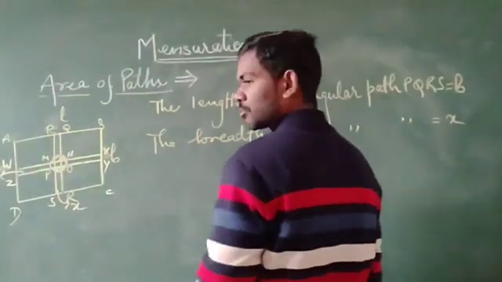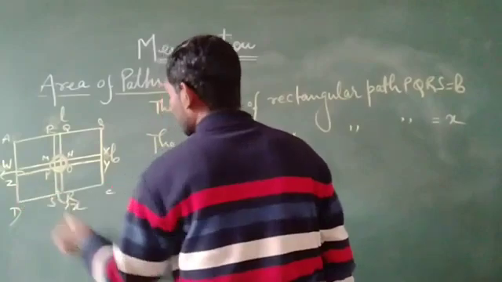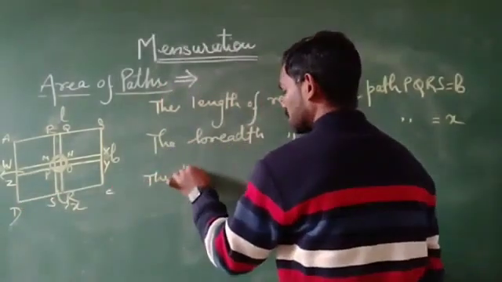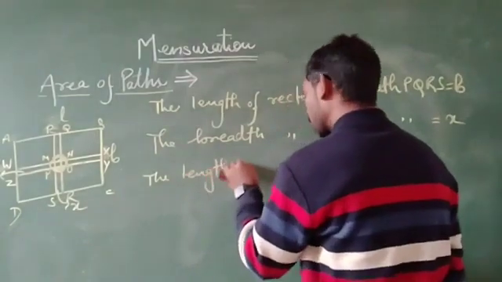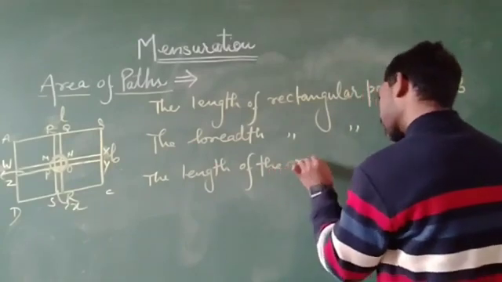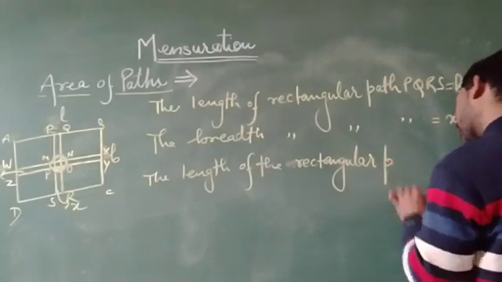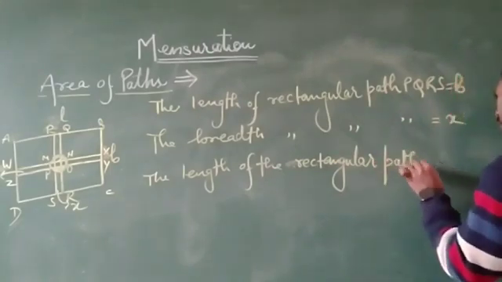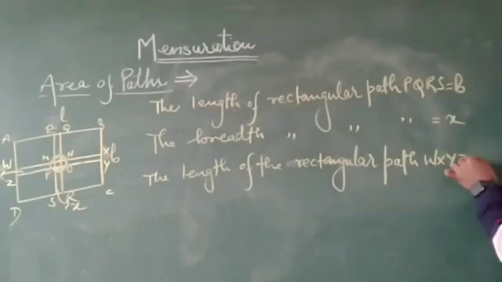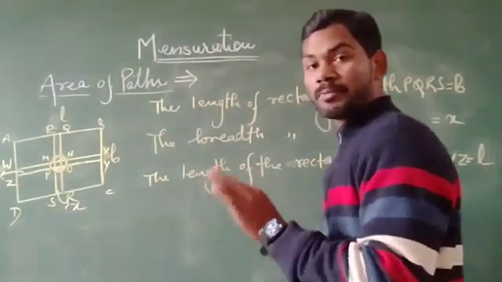And again we are going to discuss the dimensions of the rectangular path WXYZ, so the length of the rectangular path WXYZ is equal to L. Why will the length of this rectangular path be L?